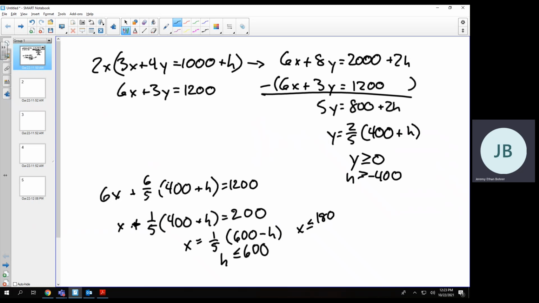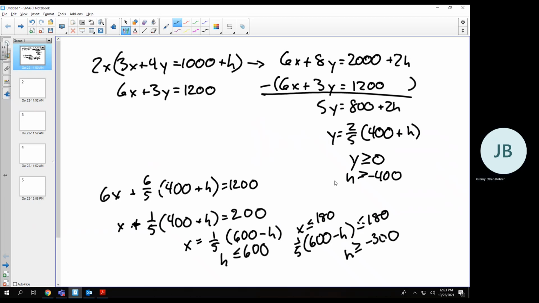So that means that 1/5 times 600 minus h is less than or equal to 180. And when we solve this for h, we get h is greater than or equal to negative 300. So this tells us that negative 300 is less than or equal to h is less than or equal to 600.